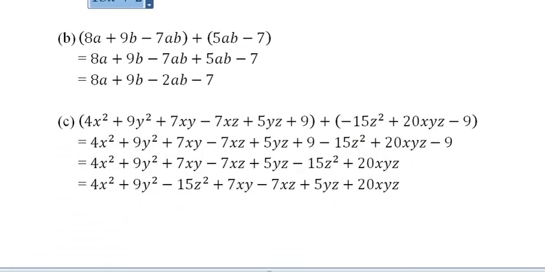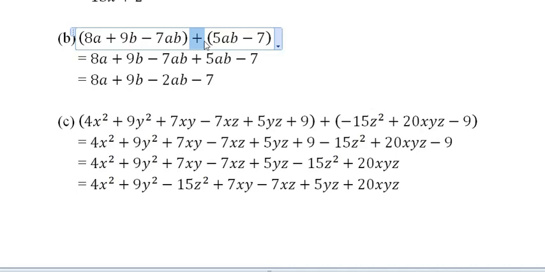Now for question number 4b, we have the first expression, that is 8a plus 9b minus 7ab, and the second term is 5ab minus 7. So we are writing the plus sign because we are doing the addition out here. For the comma given out here, you have to write the sign of plus or minus.